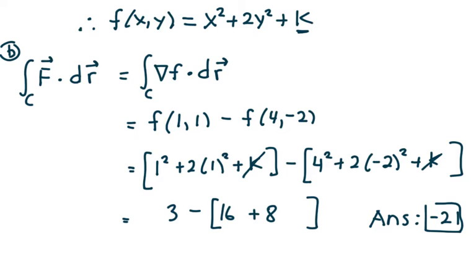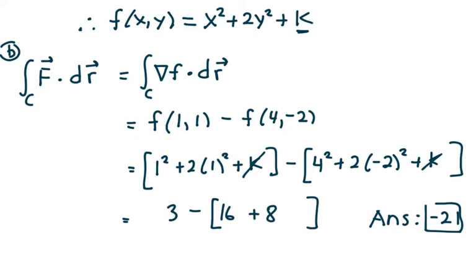Now here's the beautiful thing about doing that. That's my potential function. So if I want the integral over C of F dot dr, that's the integral over C of the gradient of f dot dr, and it's basically the fundamental theorem. I take f of (1, 1) and subtract f of (4, -2), because you're going from (4, -2) to (1, 1). So I take f of the terminal point and subtract f of the initial point.